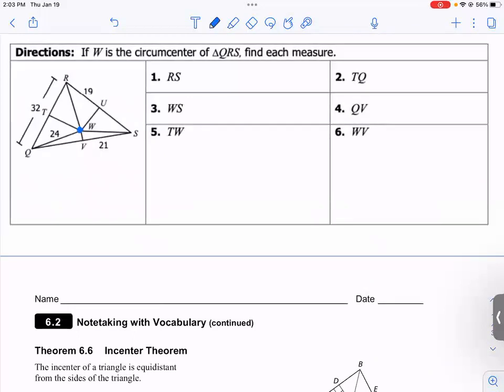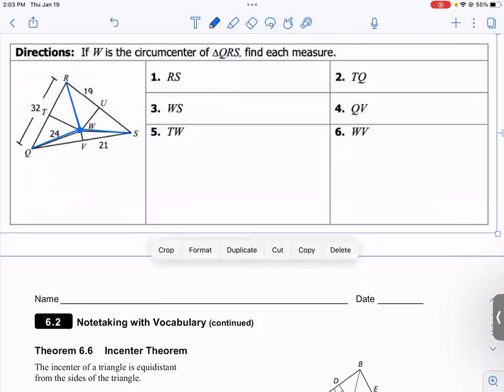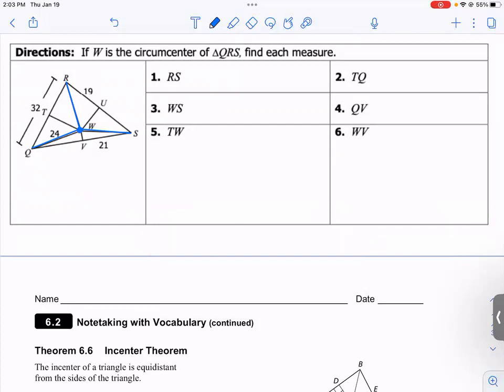So the circumcenter, that point W, is equidistant to our vertices. So what's one of the segments that connects the circumcenter to a vertex? RW is 1. QW and SW. Those 3 are the same. And Zach said they're all what? They're all 24.